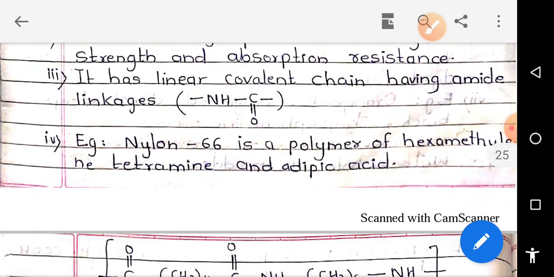It has a linear covalent chain having the amide linkage, CH3, C double bond O, NH2. It has a linear covalent chain having amide linkage.